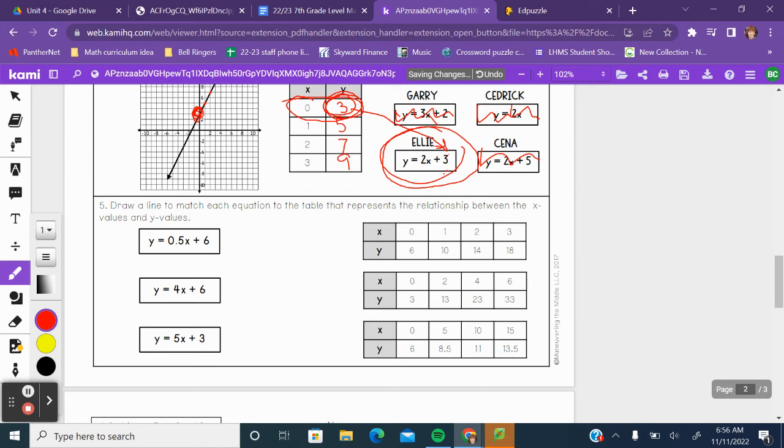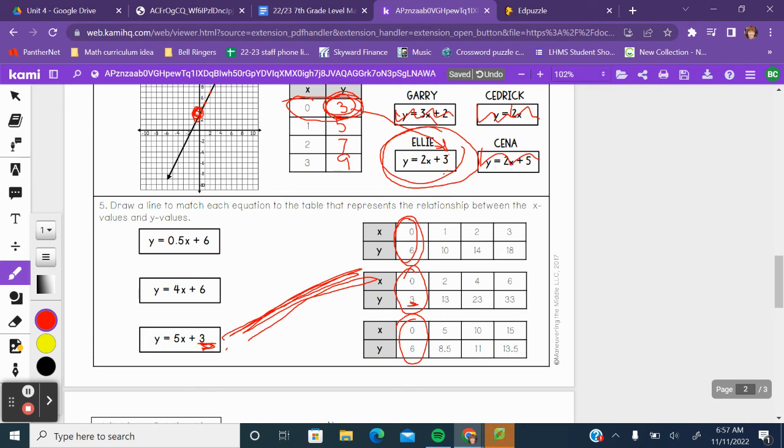When it is 0 on the x, here is what we're looking for, the last value. So this one makes this easy. That has to go here because we have a 3 here and a 3 here, so that matches.